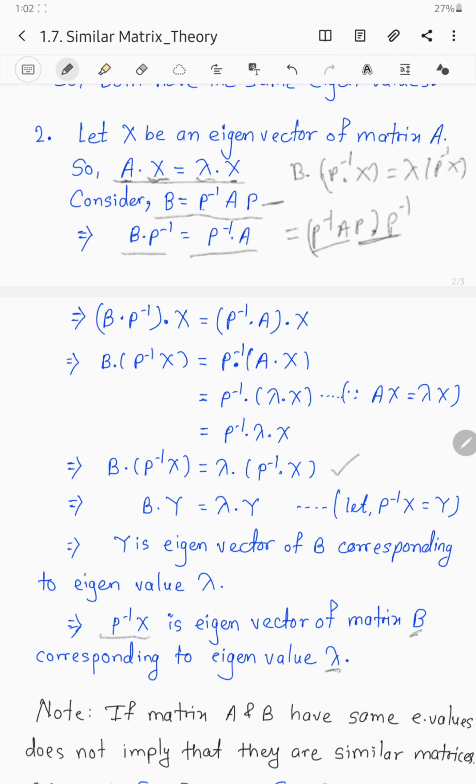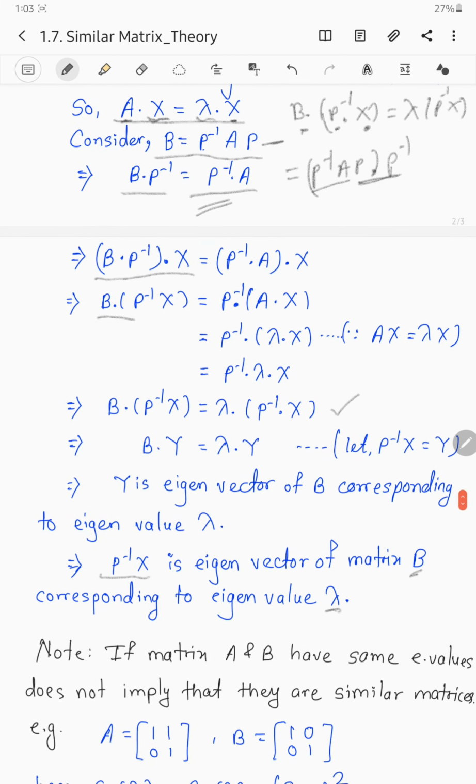Now I have B, I have P inverse, so again I multiply this equation by x from the right side, so I will get B P inverse into x is equal to P inverse into A into x. Here I just change the brackets: B into P inverse into x is B into P inverse of x, and P inverse A is one matrix and the second matrix is x.